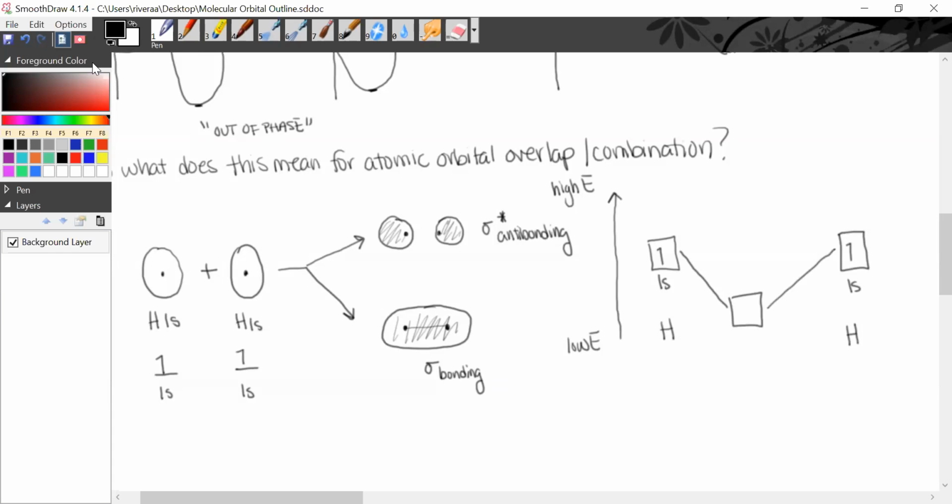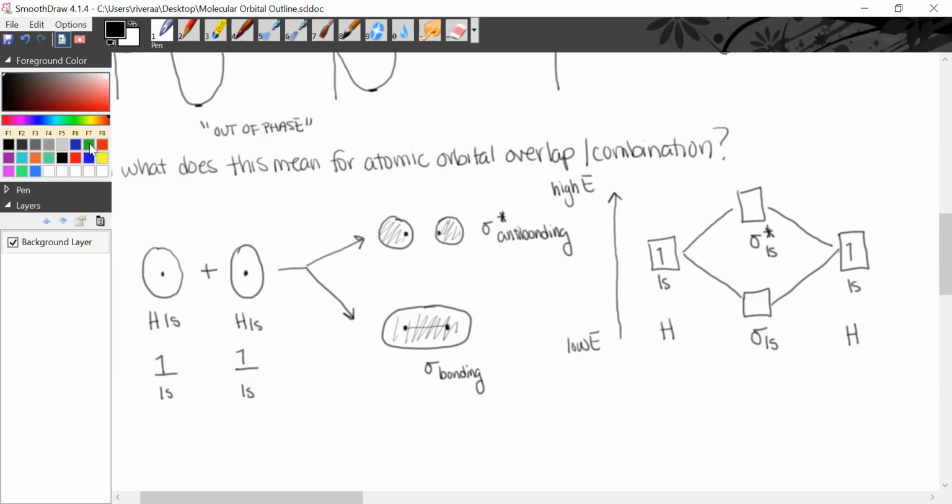Sorry, that looks gross. There we go. Looks a little bit better. Okay, here is my sigma 1s bonding orbital. Higher in energy, less favorable, is my sigma anti-bonding 1s orbital.